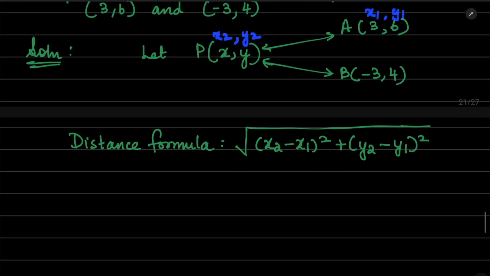So you are given your distance between P and A is equal to distance between P and B. What is P and A distance?